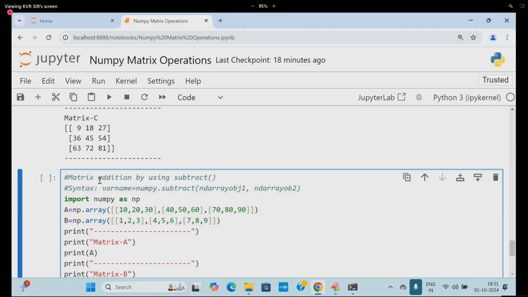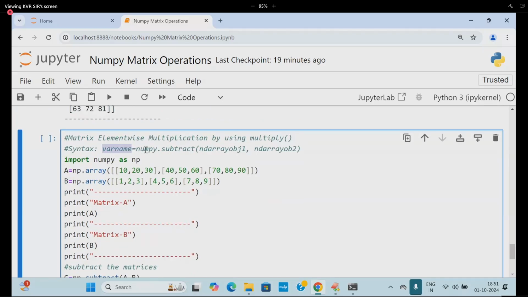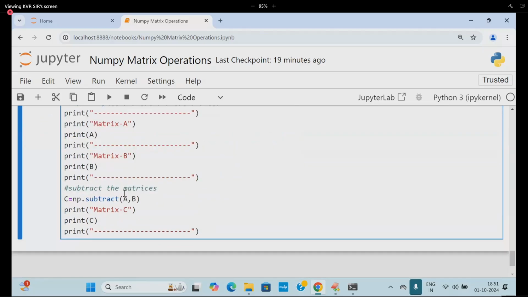Similarly, multiplication I'm going to take up. Element wise matrix multiplication by using which function? Multiply. So here I'm going to take the variable name is equal to numpy dot multiply.